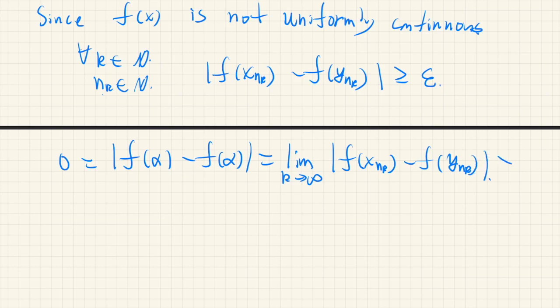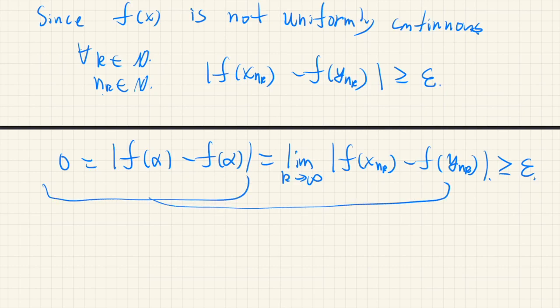But that is greater than or equal to epsilon. Okay, so this is obtained because f is a continuous function, and this part is obtained because f is not uniformly continuous. But epsilon is greater than 0. So that means 0 is greater than 0, which is a contradiction.